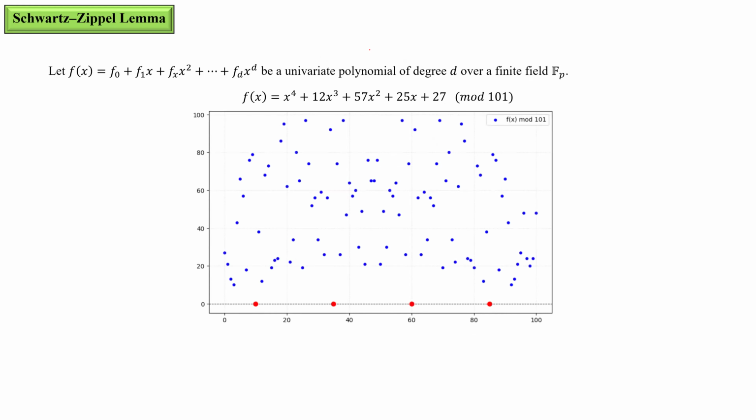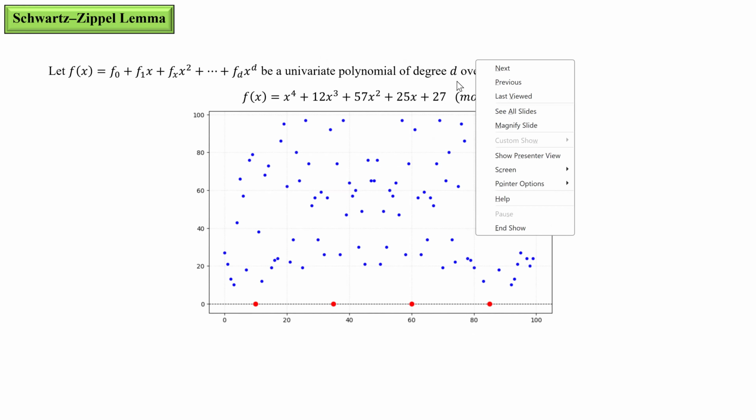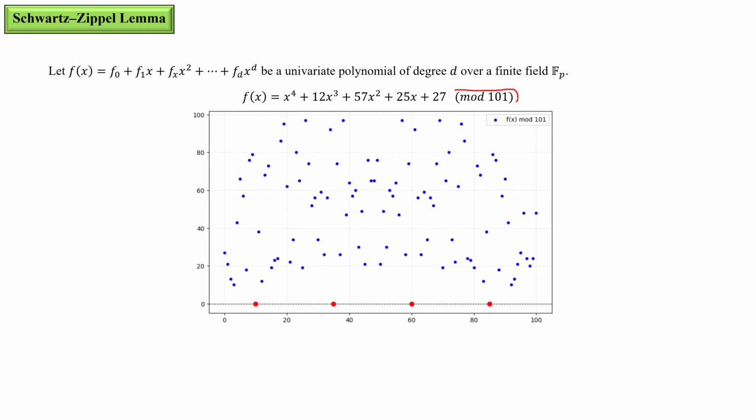For instance, suppose this is the formula of the polynomial, and we want to evaluate this polynomial mod 101. So how can we evaluate the polynomial? You remember that the field F sub 101 is a set of elements consisting of 0, then 1, then 2, until 100, right?